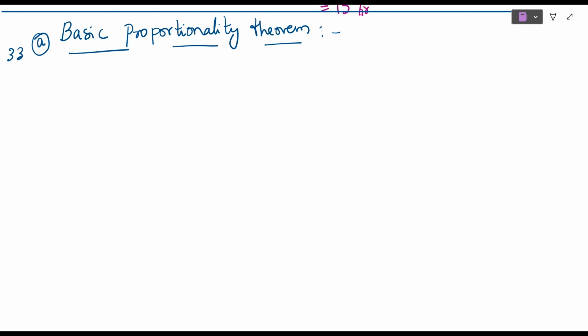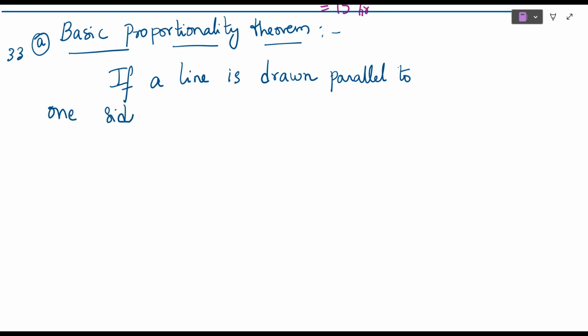What does this statement tell? If a line is drawn parallel to one side of a triangle. I'm going to explain the sentence along with the diagram. So there is a triangle.